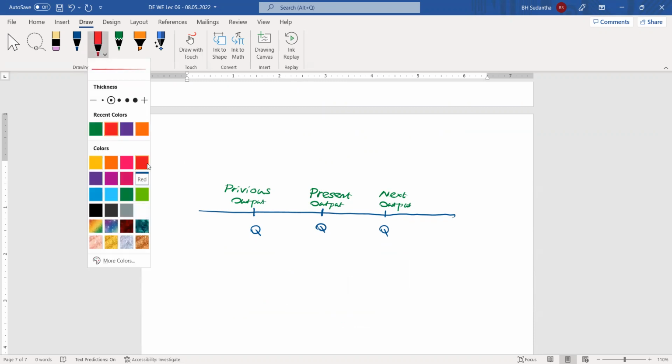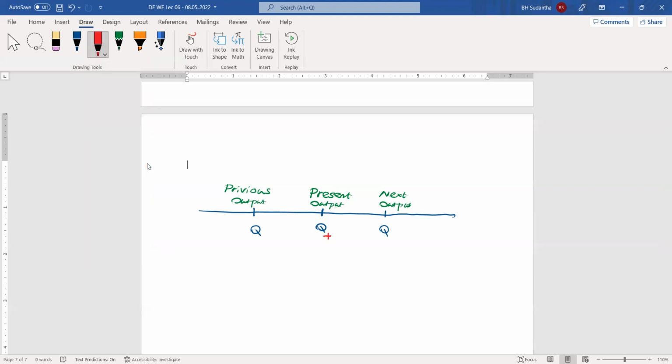This one will be Q plus. This is Q and this is Q plus. The next one will be Q plus plus.